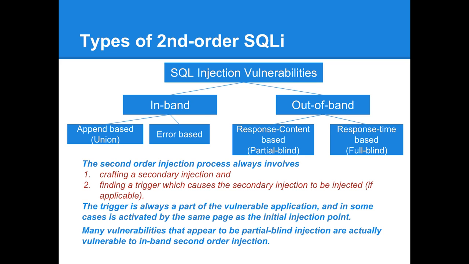And so, understanding this aspect of doing vulnerability analysis for SQL injection is a key skill that people need to bring to the table. And so, if you recognize that a vector is actually a second-order in-band injection, you can actually extract a lot.